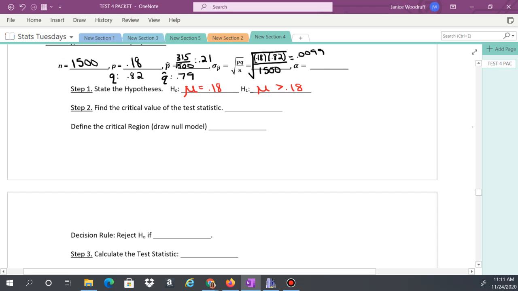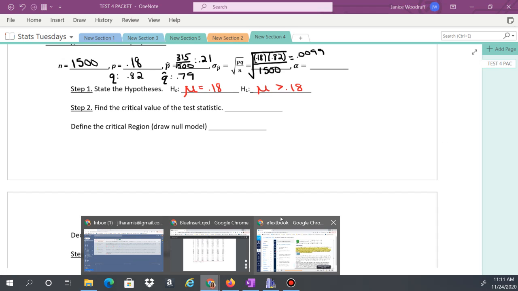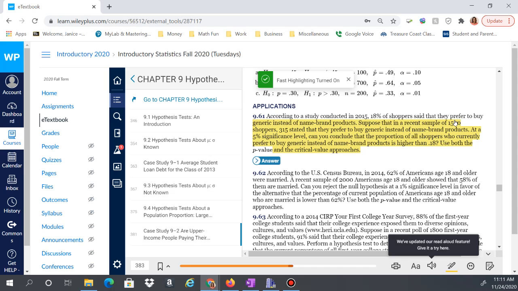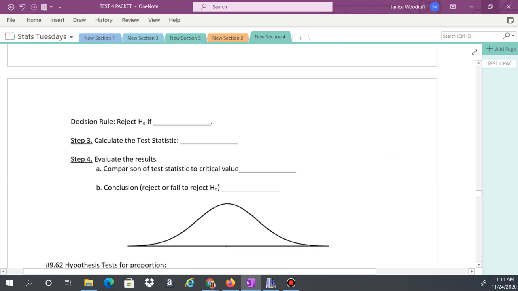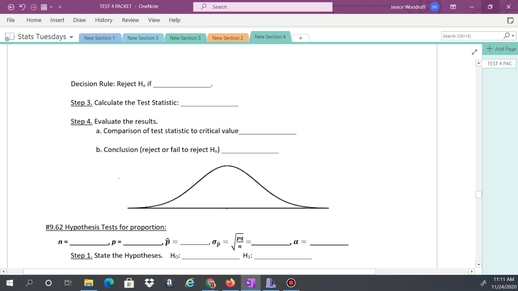And then finally, the significance level was, what was the significance level here? 5%, 5% significance level. So 0.05 for my area. All right, we want to find the critical value of the test statistic. So let me pull this down here so we can look at this. The significance level was 0.05 and it is a right-tailed test. So underneath the curve, you have a 0.05.